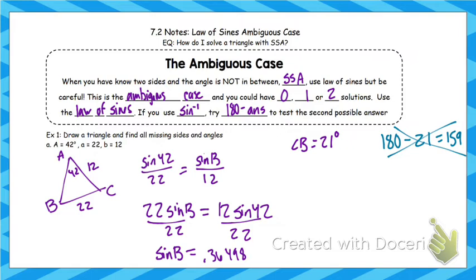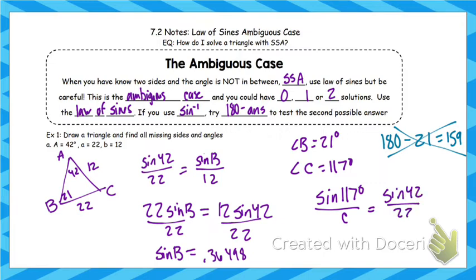So let's go ahead and finish solving this triangle. Now we know that angle B is 21. So I can subtract from 180 to get angle C. I can do 180 minus 21 minus 42, and I get that angle C is 117. Then I can do law of sines to find side C. I'm going to use the original just so it's a little bit more exact.